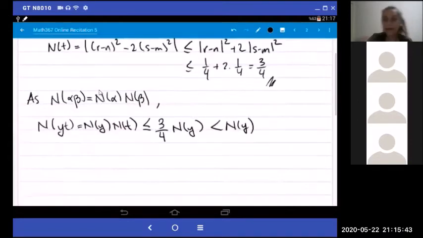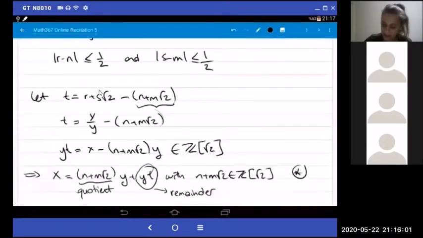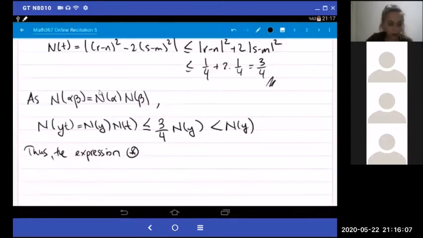And the inequality between the divisor and the remainder is satisfied here. Thus, the expression, as you remember, I put a star here, this expression is really a division algorithm now.